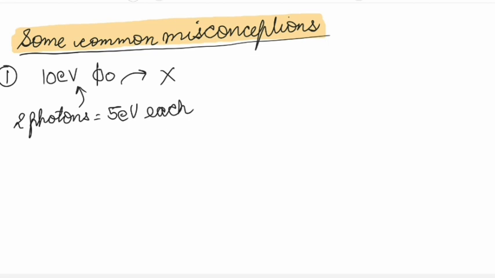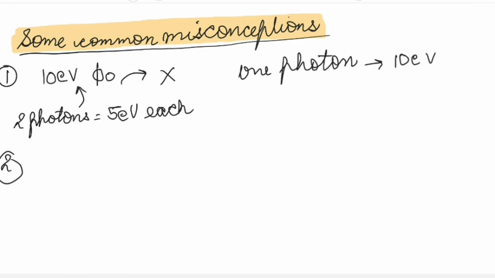Here we have to provide at least one photon which has the equivalent energy, that is, the minimum energy should be 10 electron volt.